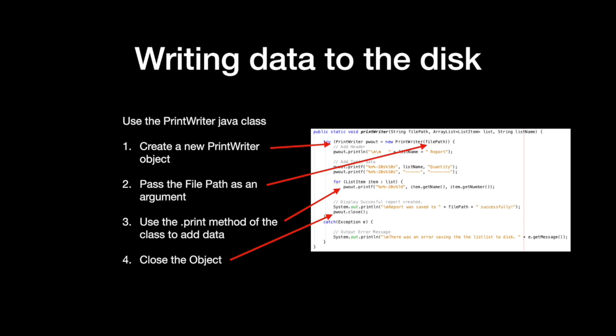The user inserts the file path where we are going to export this file, and then we use any of the print methods that come with the PrintWriter class to add all the data we want to export, in this case the item name and number. At the end, we have to close the object. This finishes the process of writing that data, and then we have our file on the disk.